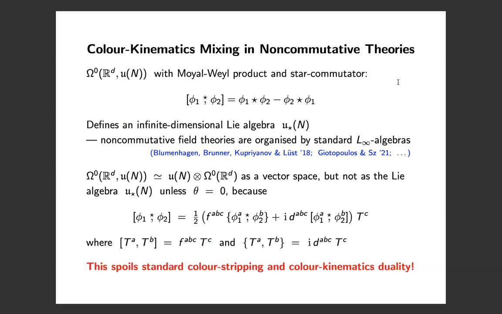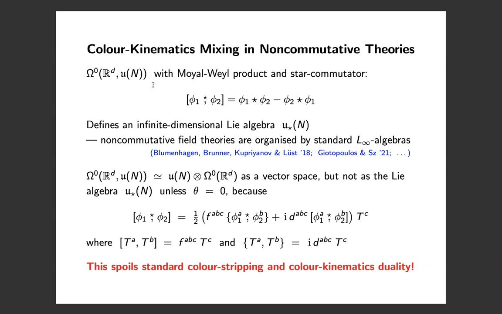So let's look at this algebra. It's the space of scalar fields on R^D with values in U(N). We take the Moyal-Weyl product that I introduced earlier, and now we just define a star commutator. So we deform the usual U(N) Lie bracket by putting in star products.